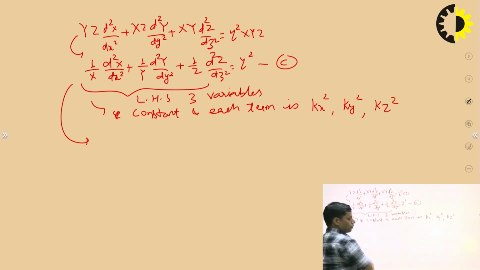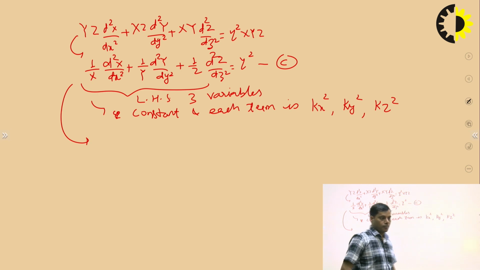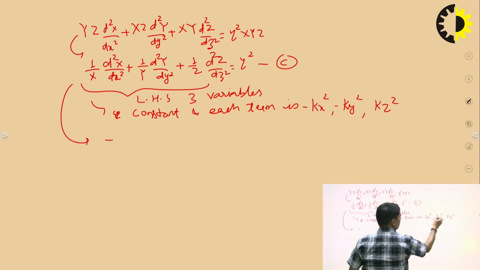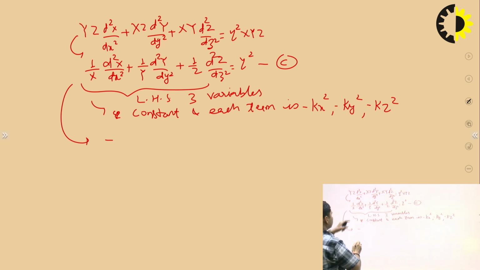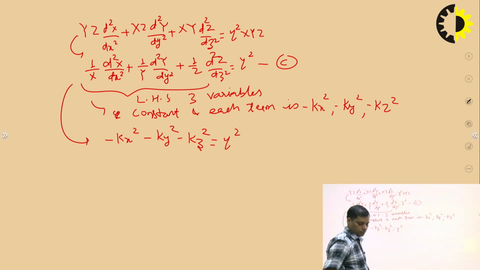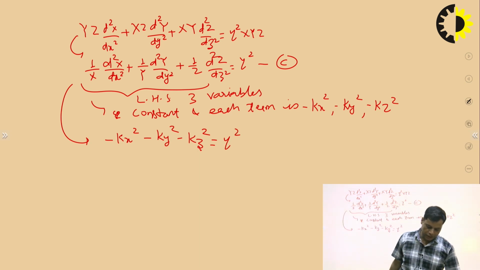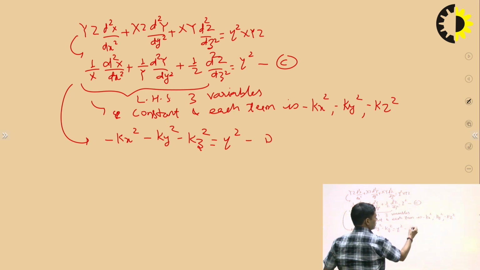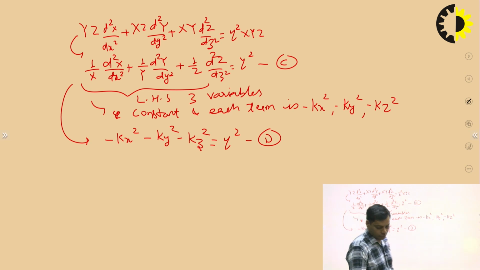So now we can write 1 upon x d square x over dx square minus k x square minus k y square minus k z square is equal to gamma square. So we can now write the equation C in this form. Let's say it will be equation number D.